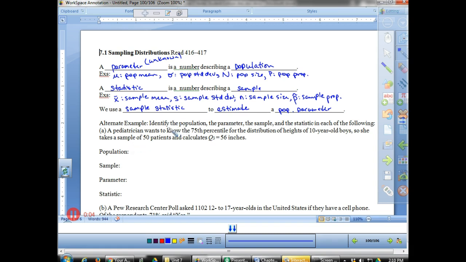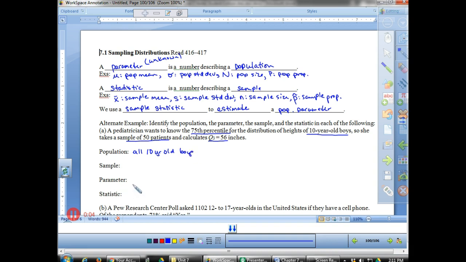So let's look at the first example. Identify the population, parameter, sample, and statistic in each of the following. A pediatrician wants to know the 75th percentile for the distribution of heights of 10-year-old boys. So she takes a sample of 50 patients and calculates Q3 to be 56 inches. The population is all 10-year-old boys.